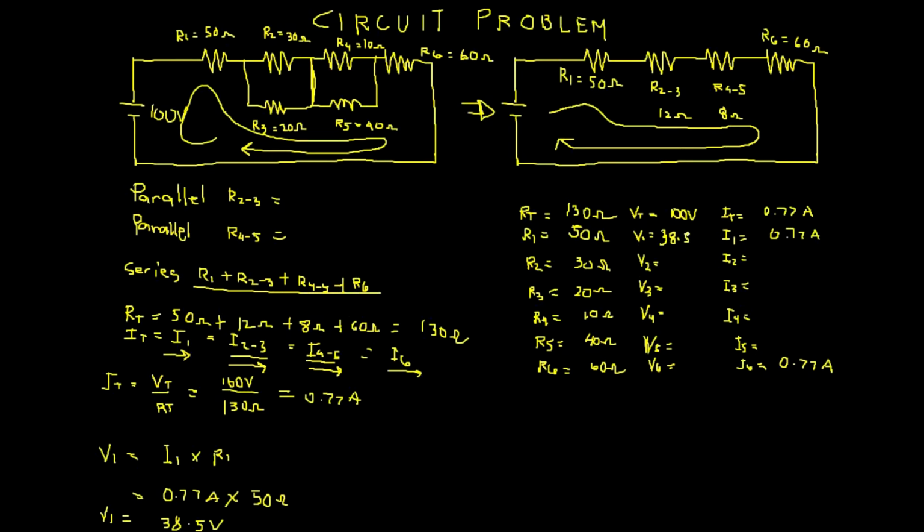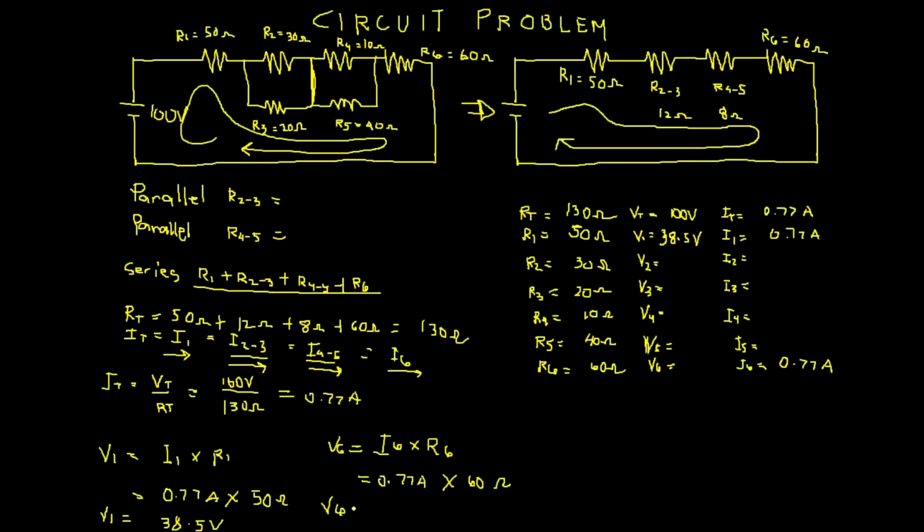38.5 volts. So again, okay na yung V1 natin, R1 and I1. So next, etong I6 kasi siya ay given. So ang V6 natin ay I6 times R6. So ang I6 natin ay 0.77 ampere. Tapos multiply natin sa R6 na ang value is 60 ohms.